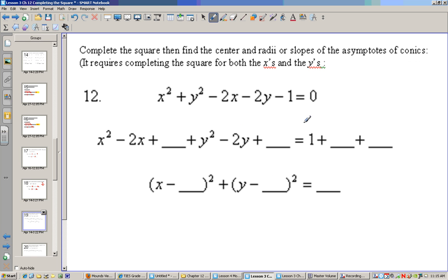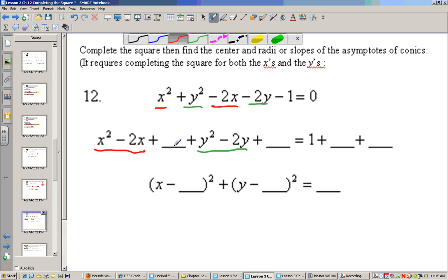Now this one, I have a couple different things that I'm trying to find the perfect squares of. So first thing I do is put my x's together. X squared minus 2x, 1 over here. And then if I put my y's together, y squared minus 2y goes there.